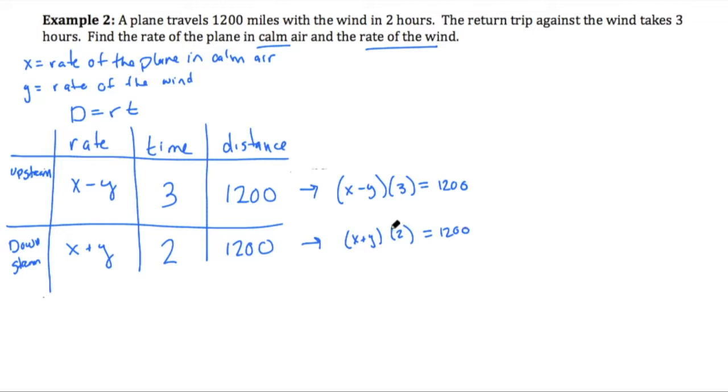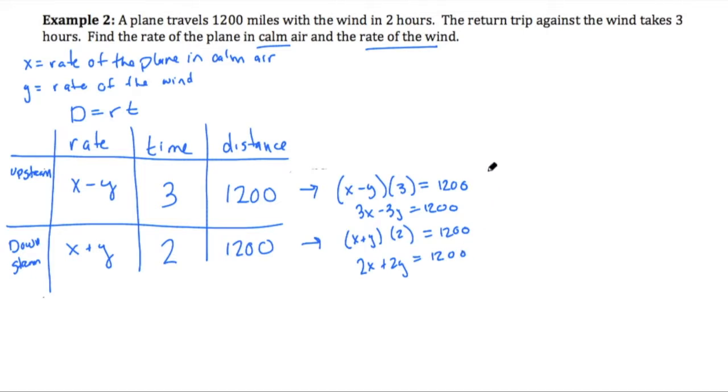I'm just going to clean those two equations up by distributing our numbers outside here. So 3x minus 3y equals 1,200, and 2x plus 2y equals 1,200. And now I've got a system of equations that I can solve using all of our favorite tricks.